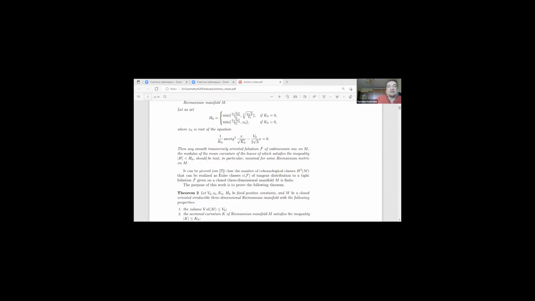In the previous theorem we restricted the sectional curvature only from above, but now the modulus of sectional curvature of our manifolds is required to be bounded by the fixed constant.